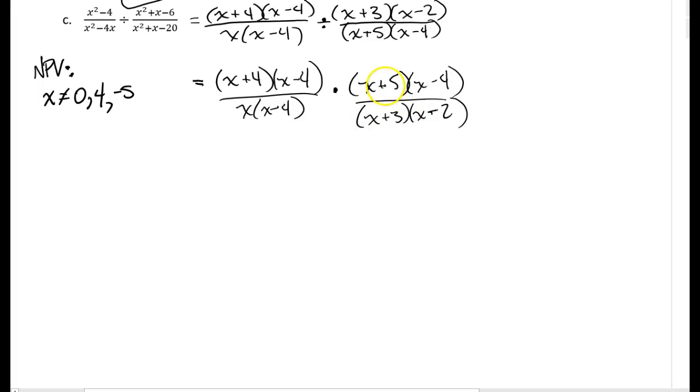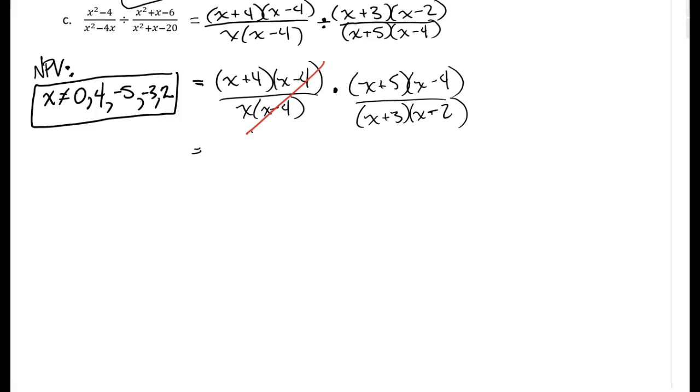Well, when that's the case, now I've got a new denominator over here that I need to account for. So negative 3 and positive 2 are also non-permissible values. A whole lot of different values here. Now again, I look for cancellations whenever they're possible. Unfortunately, that is the only cancellation we have here.